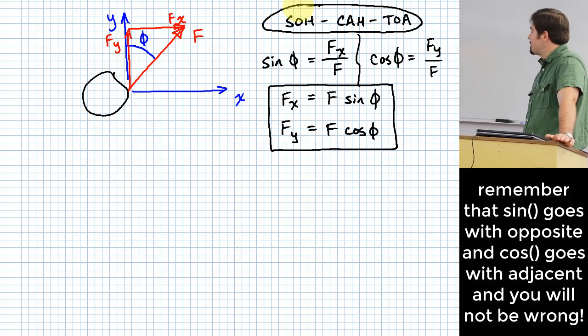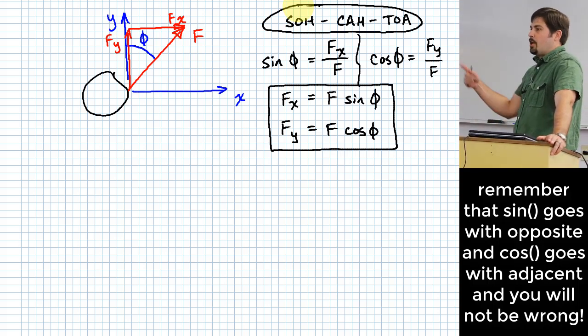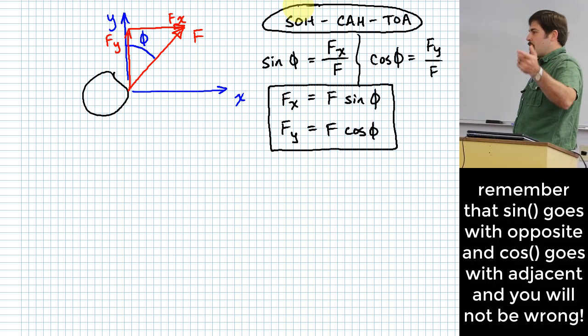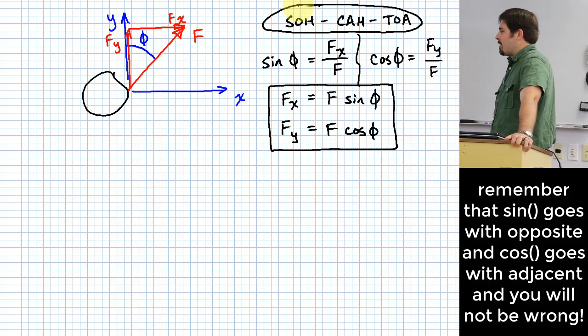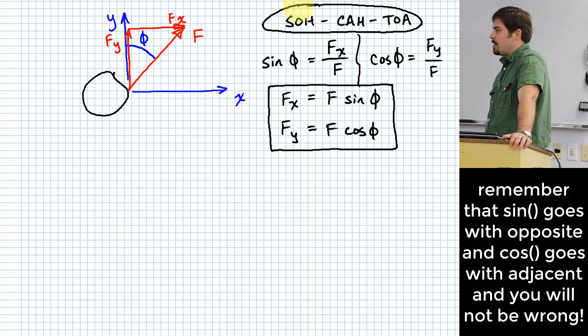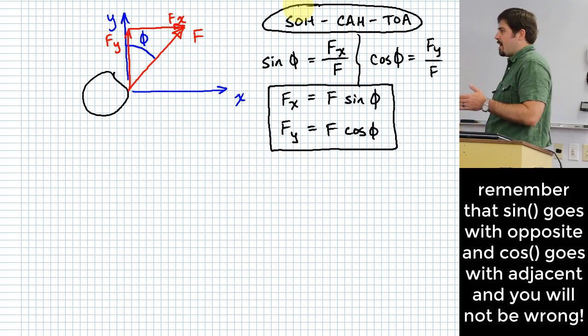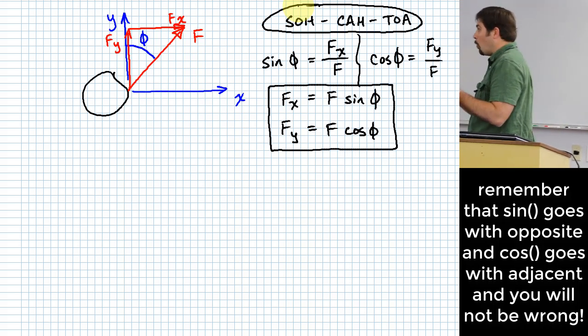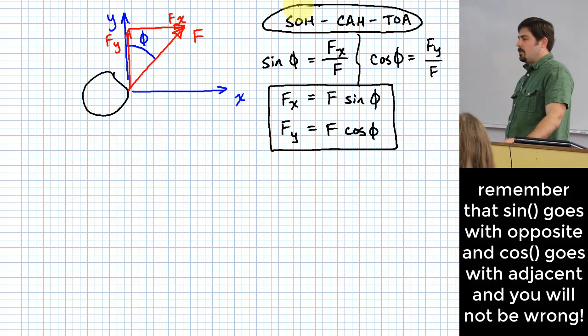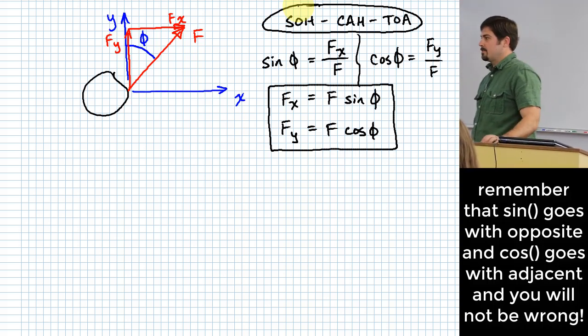Rather than memorize something like cosine always goes with x or sine always goes with y, I wouldn't do that if I was you. I would always look at the triangle and try to figure out which side is the adjacent side and which side is the opposite side. Adjacent is always with cosine and opposite is always with sine, right? And that will always work. You don't have to memorize a bunch of cases, all right?